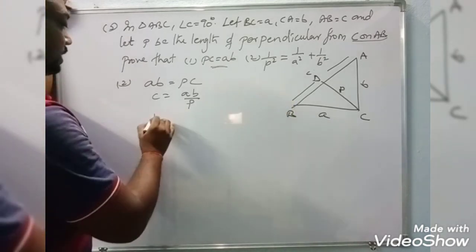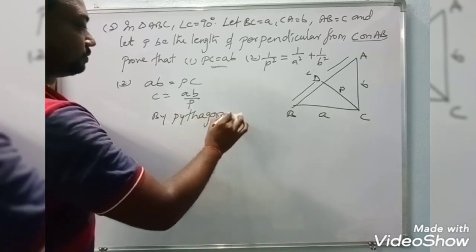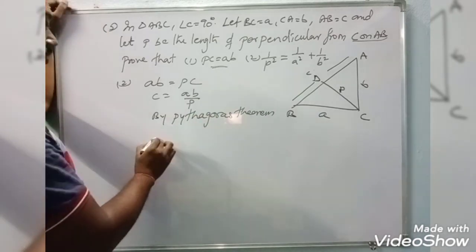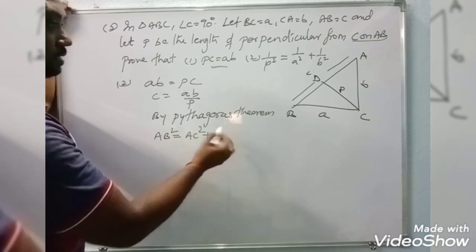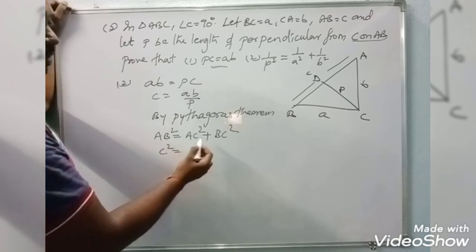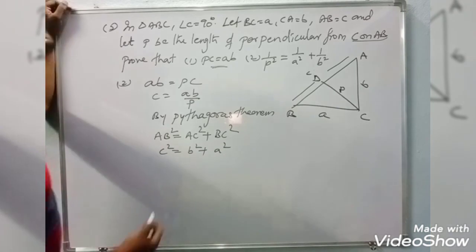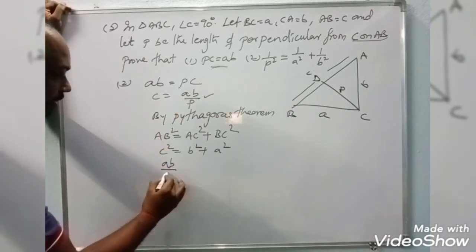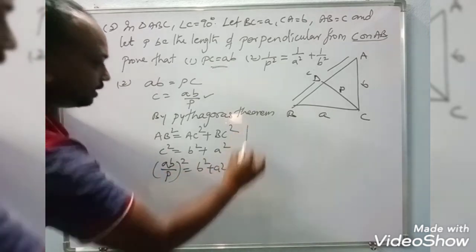So by Pythagoras theorem, we have AB square is equal to AC square plus BC square. Now AB square is nothing but c square, AC square is nothing but b square, and BC square is nothing but a square. Now c, already c value is ab by p, that is ab by p whole square is equal to b square plus a square.